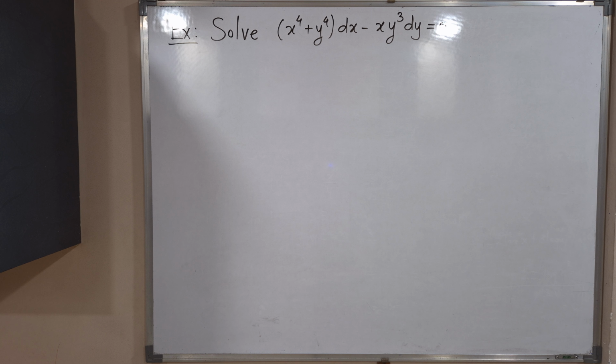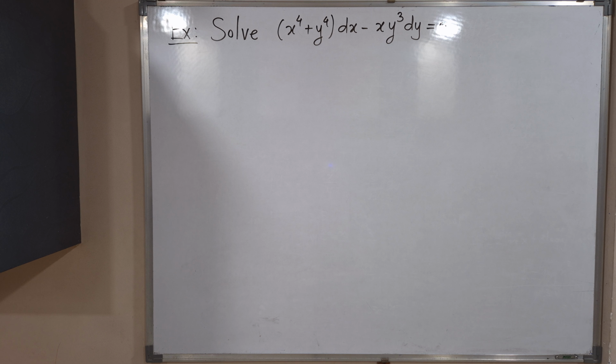Can I cancel anything? Definitely. These two terms will get cancelled and we will have x raised to 5. Whatever we get doesn't matter, but it is non-zero. That is the most important thing for us. If it is non-zero, then only rule number 4 is applicable. It is homogeneous, and mx plus ny is non-zero. That's why rule number 4 is applicable.